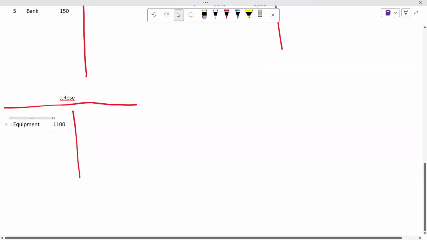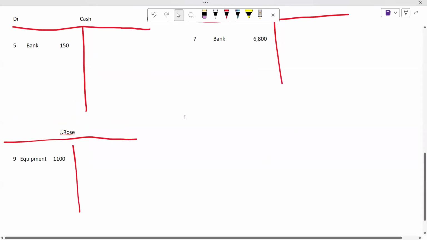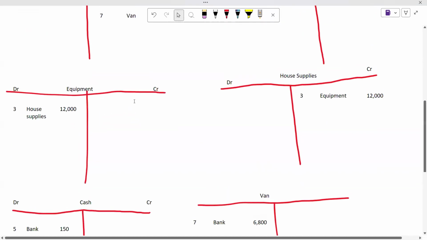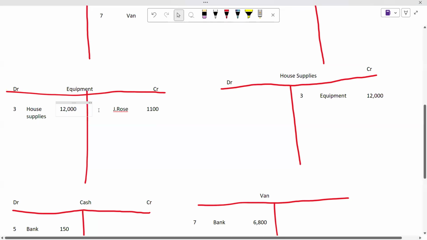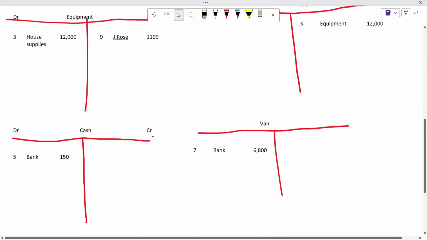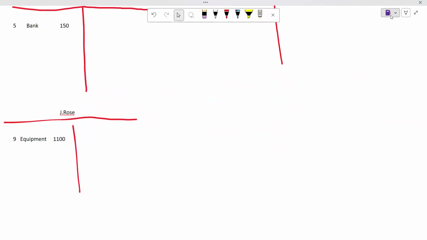Let's say it happened on 9th May. All right. And then equipment is being credited for 1,100. We already have an account for equipment, so I'm going to use this one, 1,100. Reason being Joe's, and it happened on 9th May, for instance.